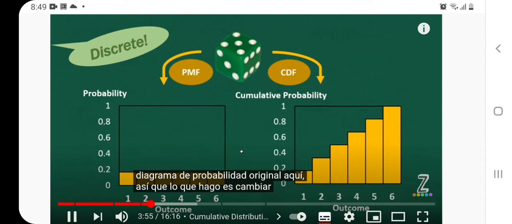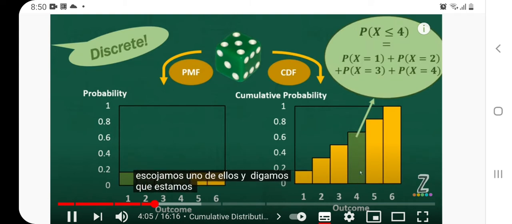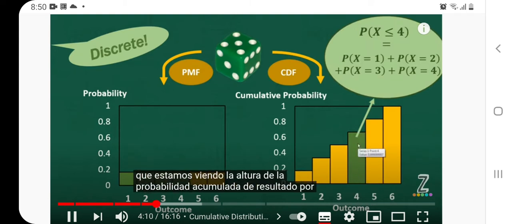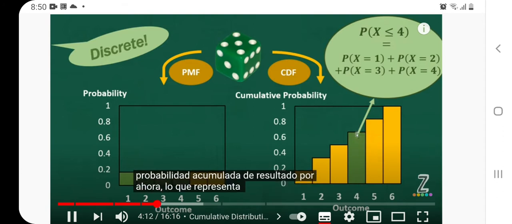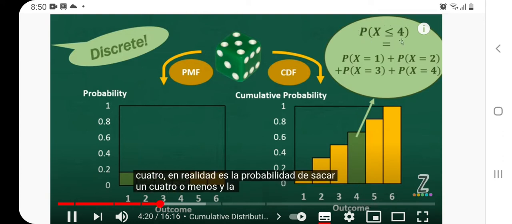So what I might do just quickly is change the scale on this side so that it matches. So if we're looking at the cumulative probability diagram, let's just pick one of them and let's just say we're looking at the height of the cumulative probability for outcome 4. Now what the height of this represents is not the probability of rolling a 4, it's actually the probability of rolling a 4 or less.